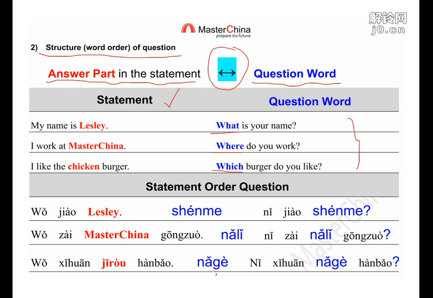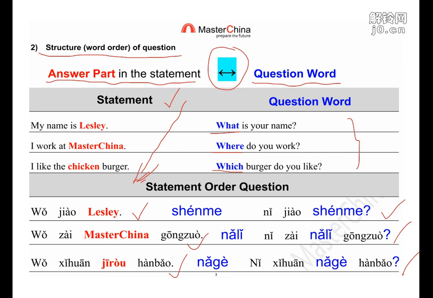Let's just get the answer first. 我叫 Leslie，我在 Mars China 工作，我喜欢鸡肉汉堡。So if I want to ask you, what is your name, where do you work, and which burger do you like? Look at the questions in Chinese here. These three.